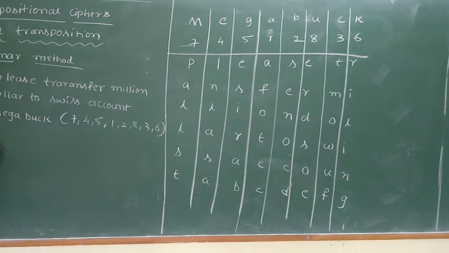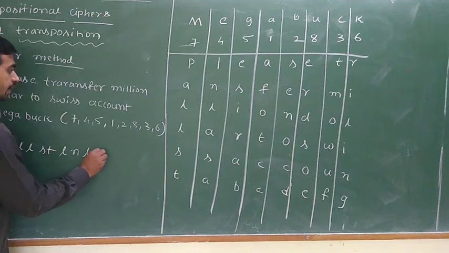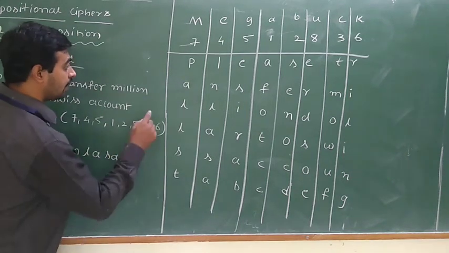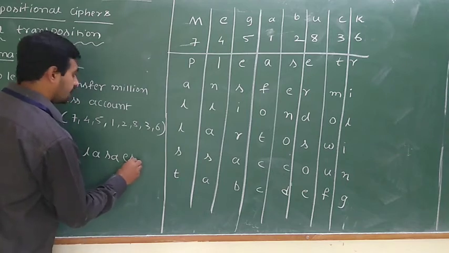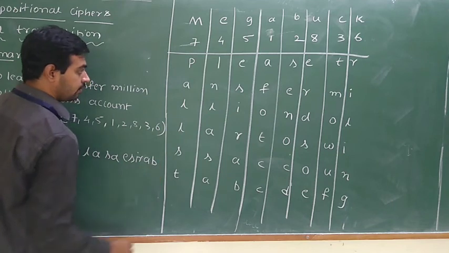So just write here: A P A L L S T. This is the first column. Don't give any space. Again, continue with the second column: L N L A S A. Again, the third column: E S I R A B.